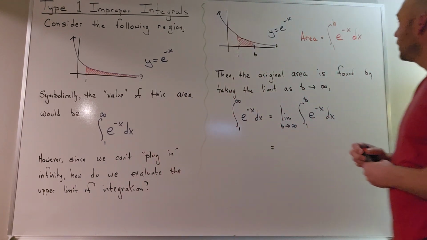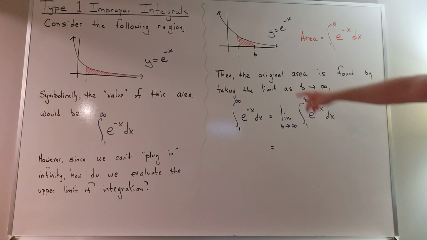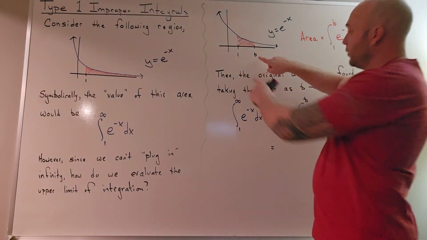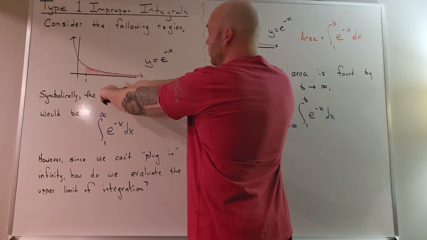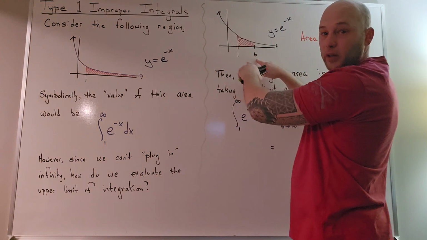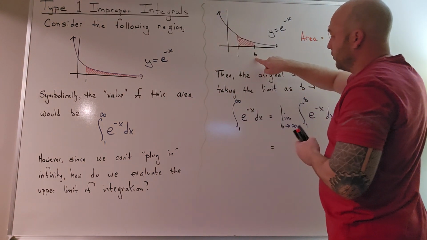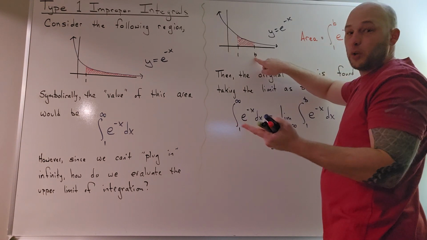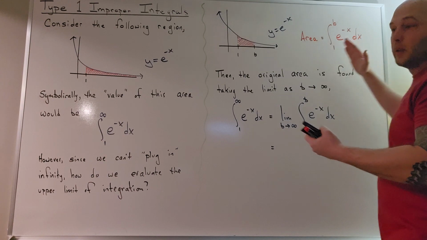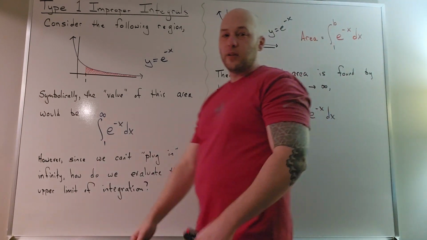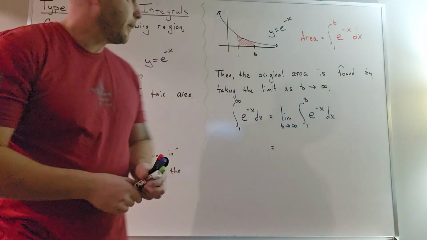Now, how could I make this region become this region? Remember b was arbitrary, so if b is 2, and then 3, and then 4, and then 5, I want b to get bigger and bigger and bigger. Naturally, that leads to the concept of a limit at infinity.